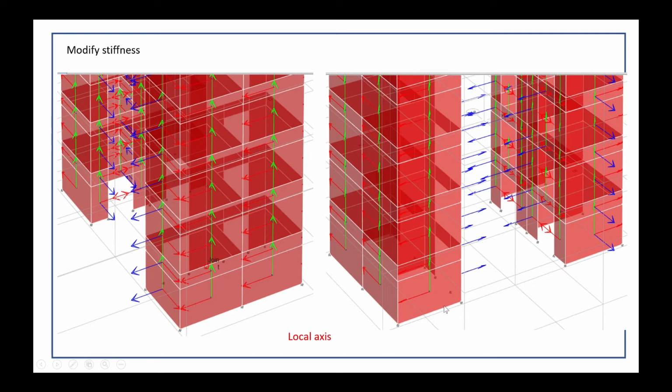For the other side, you can check this one: the local axis is inside, and here the local axis is outside. So when you use different local axis directions, you have to check compression and tension differently to avoid errors when you verify the compression and tension.